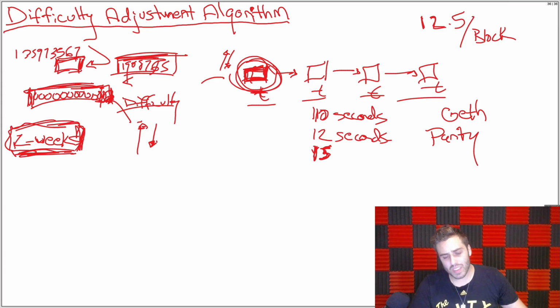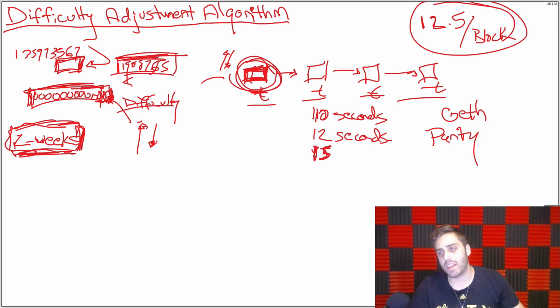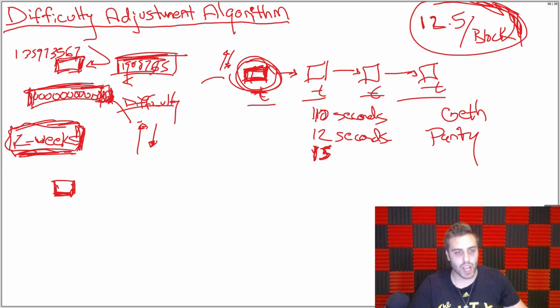So one thing to note, when you have a short block time, like 12.5 seconds, you have a centralization risk due to latency. So for example, if a big mining pool mines a block, well, they need to broadcast that block to the entire network. But say, for example, that the latency on the network is 2 seconds, which is not that much time.